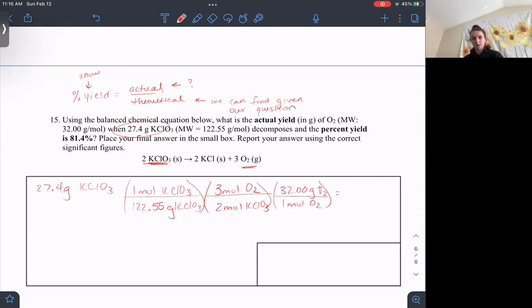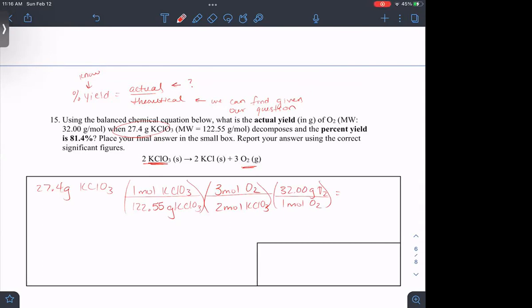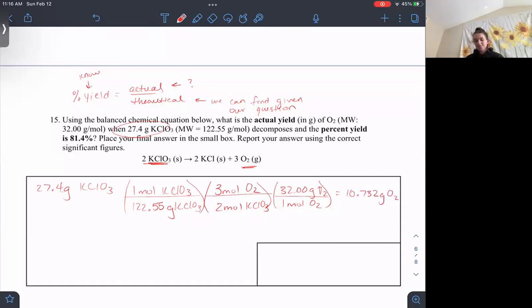And how many grams of oxygen does that get us? 10.732. Awesome. Okay, is this where our question will stop? Nope. So now we need to use this theoretical yield, right? This is our theoretical yield.